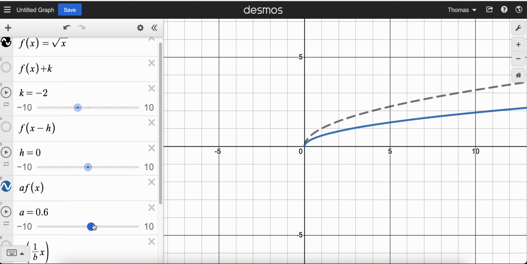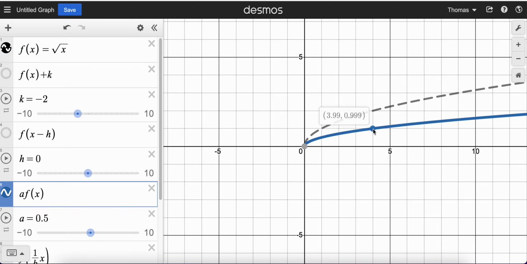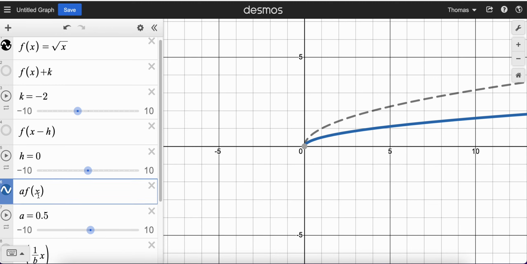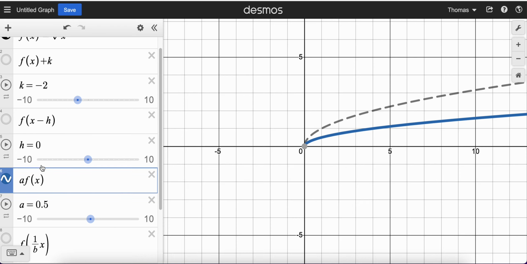This would be a vertical compression by 3/5, this by 1/2. Why is it 1/2? What used to happen when y is 2 now happens where y is 1. So if we multiply outside the operation, it's going to stretch or compress our graph vertically.